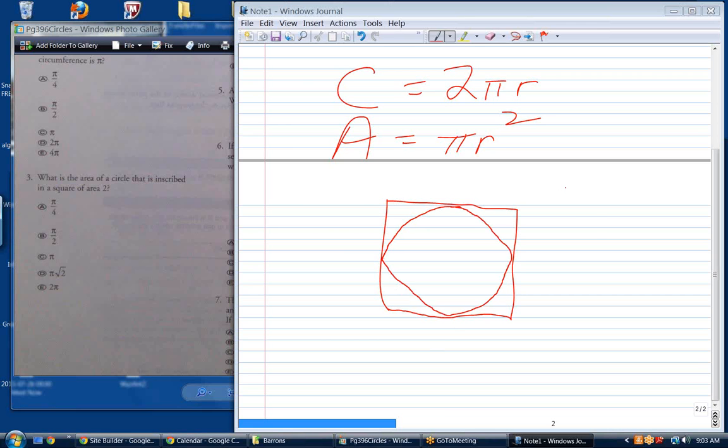And the area of the square is equal to 2. What's the side of the square equal? Well, the side of the square is going to be the square root of 2.